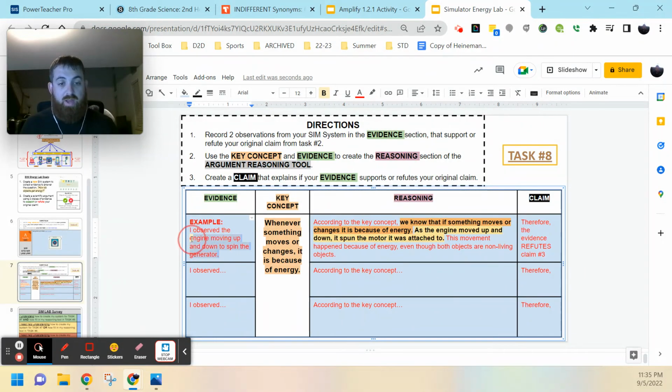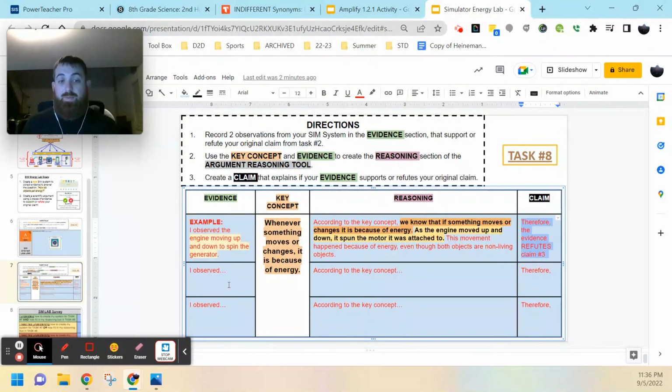So there it is. I'm pulling in that observation. I'm literally pulling in these words and these words into my reasoning. Here's the last part. This movement happened because of energy, even though both objects are non-living objects. So notice, I'm refuting that idea that only living things have energy. So therefore, the evidence refutes claim 3.